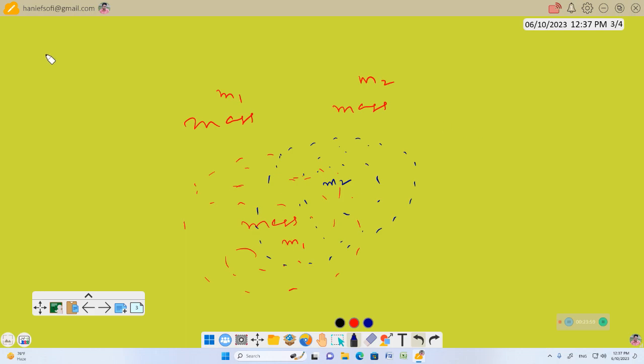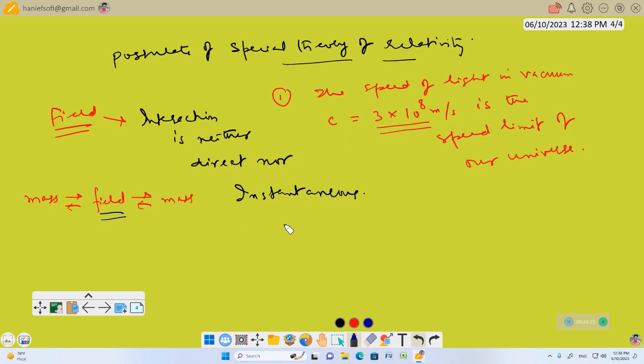Therefore, according to the field idea, if the distance between M1 and M2 is 3 into 10 raised to 8 meter, if you move M1, M2 will sense that movement after 1 second, because the speed of light is 3 into 10 raised to 8 meter per second.